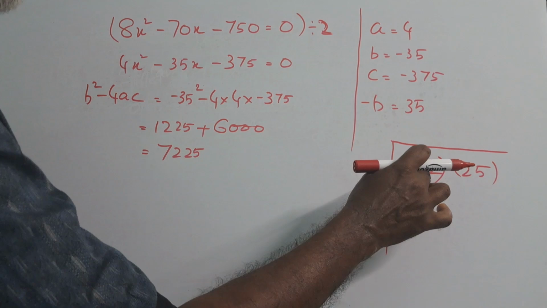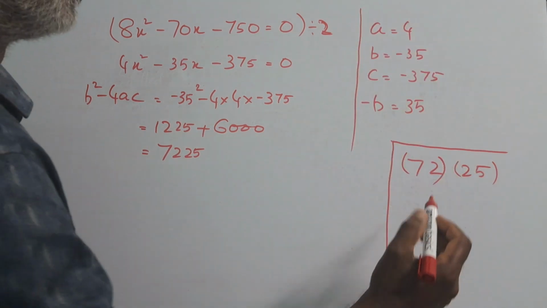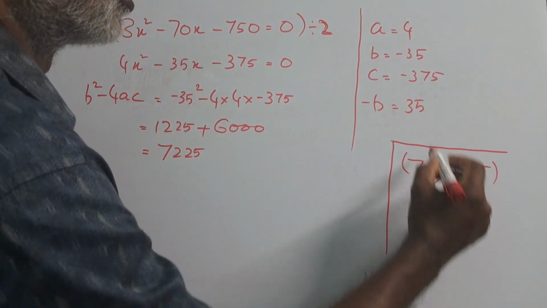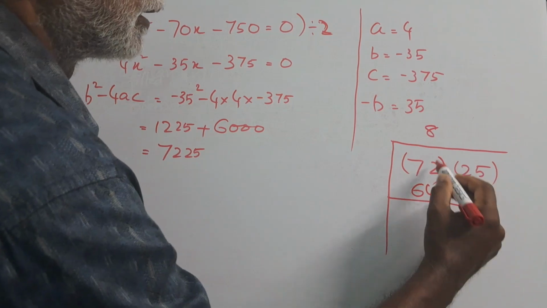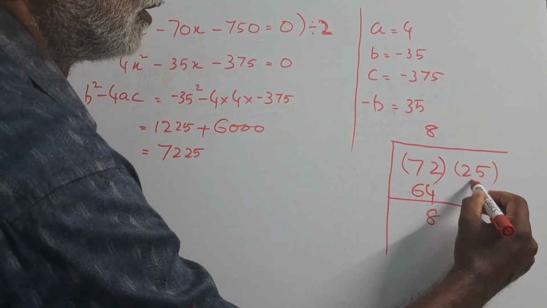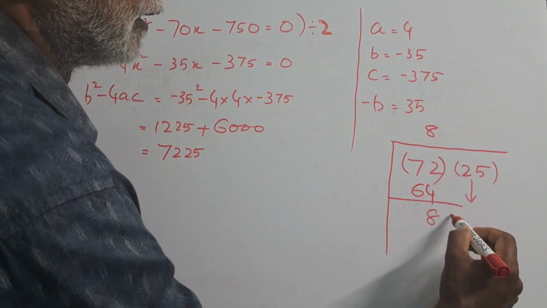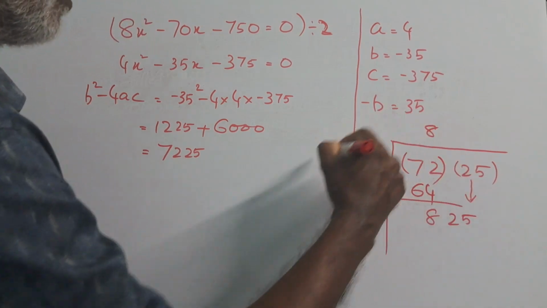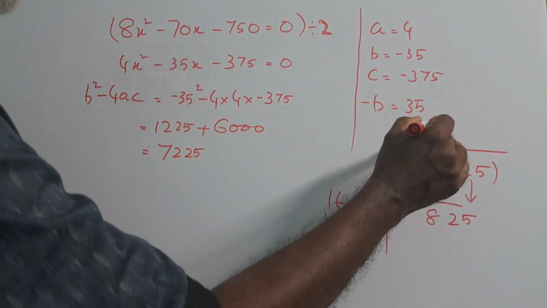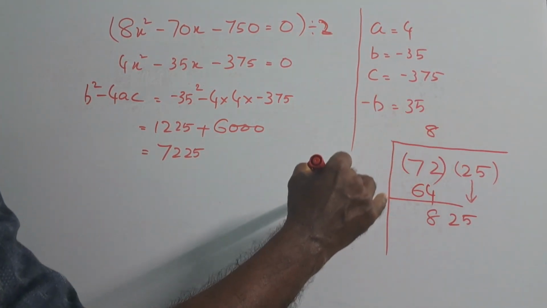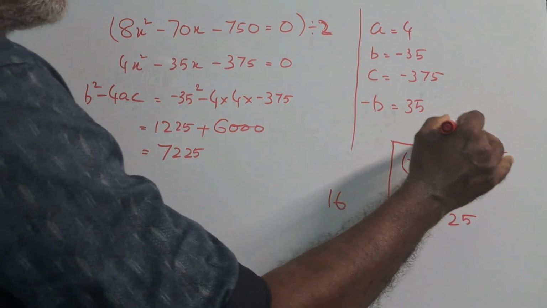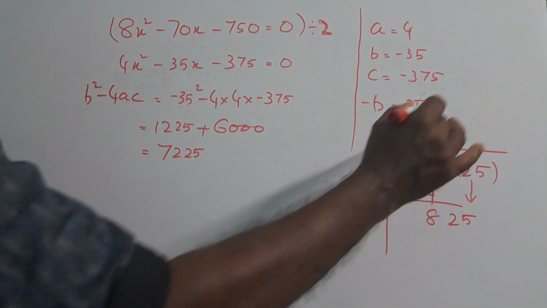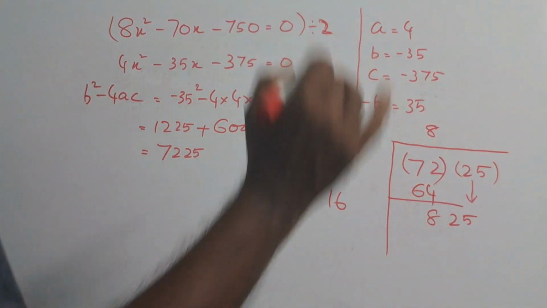The largest square up to 72 is 64. The square root is 8. Subtract it, you get 8. Now you write down the group itself, 25. Now double the number, 16. 8 is here, 8 into 2, 16. If it is 7, 7 into 2, 14. If it is 5, 5 into 2, 10.